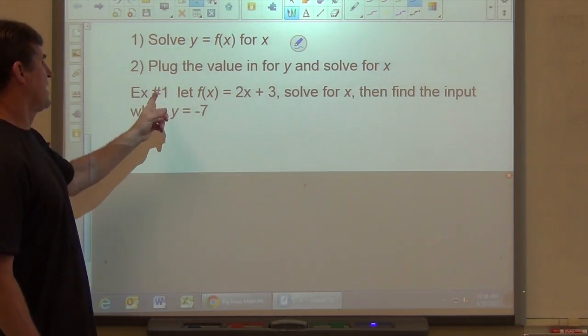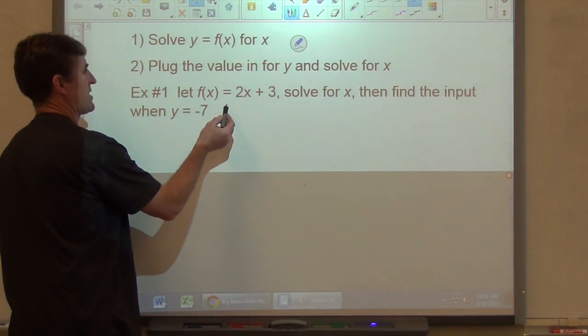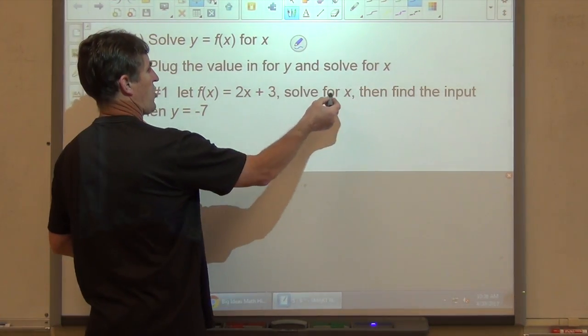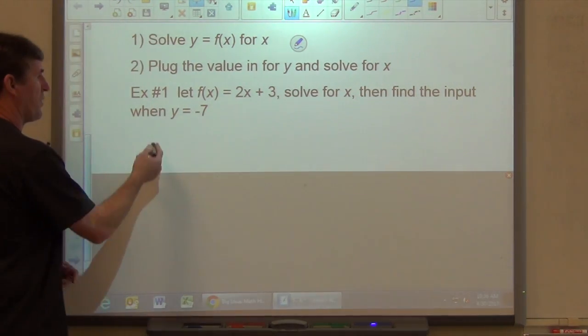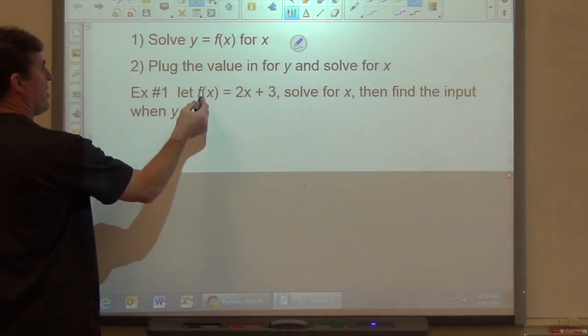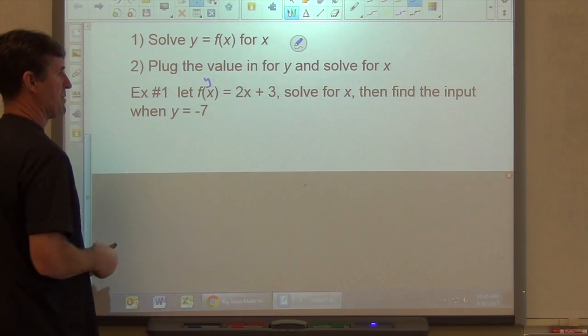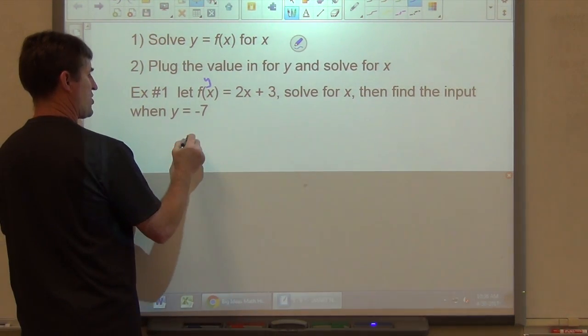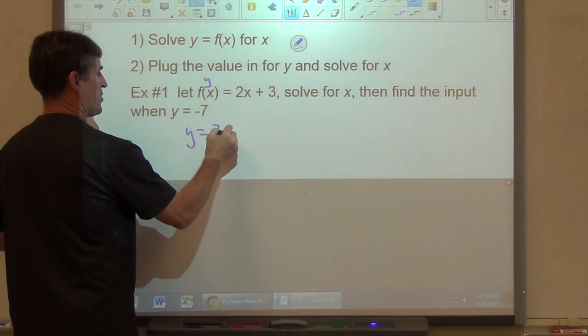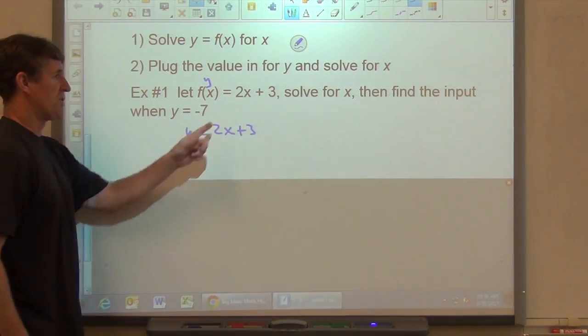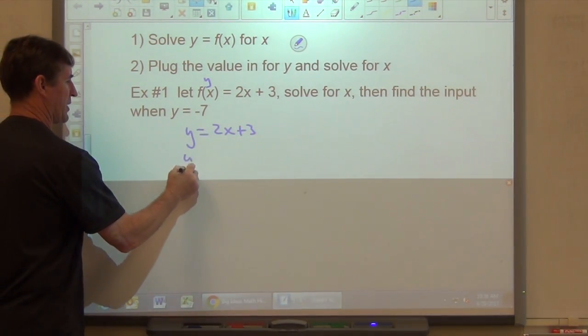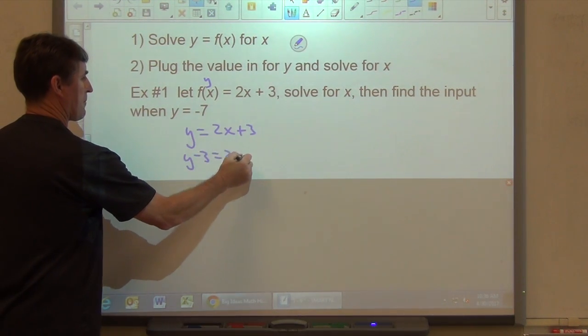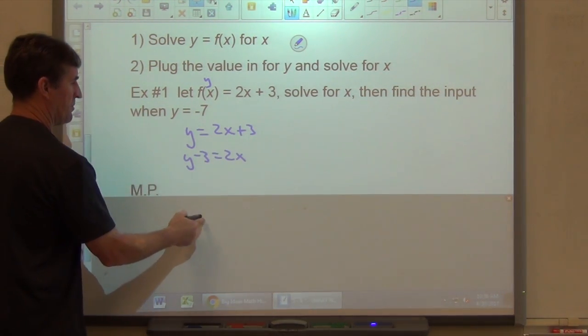So it gives us an example 1. It says let f of x equal 2x plus 3, solve for x, and then find the input when y is equal to negative 7. So again, remember our f of x is the same as y. So we're going to take this function, y equals 2x plus 3, and we're going to solve for x. So we would subtract 3, and then divide by 2.